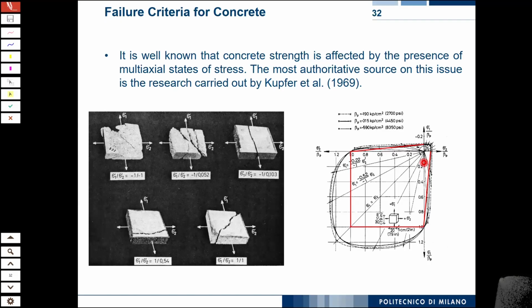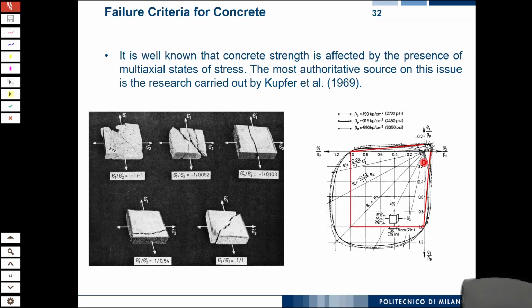And on the other axis, you have the stress sigma 2 in the other direction, always divided by the uniaxial compressive strength. So if you move on either one of these axes, you have a uniaxial stress state. If you are applying uniaxial compression, your strength is the uniaxial compression strength. So you have one here and one here.